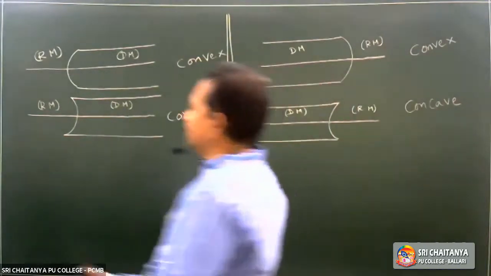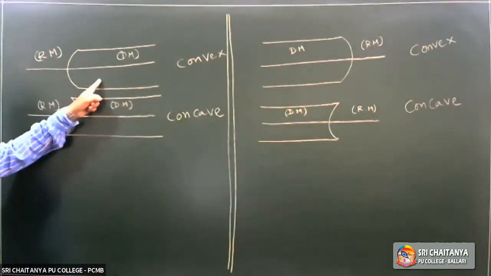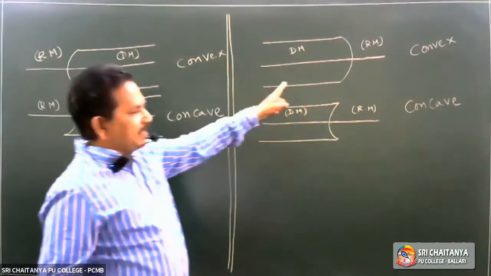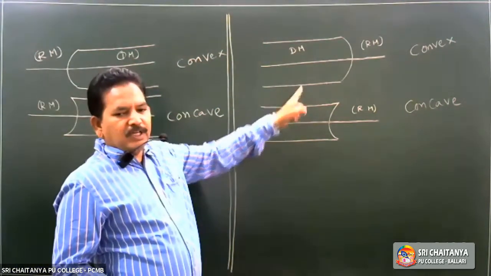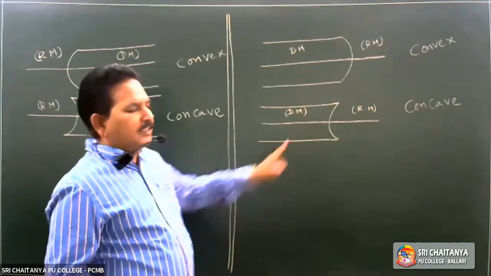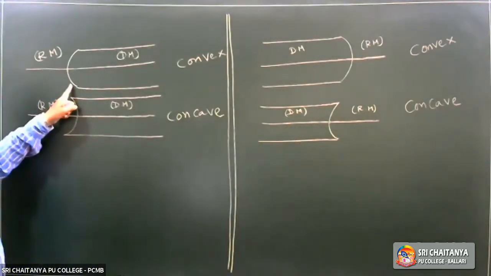This is the convex spherical surface, and this is the concave spherical surface. The rarer medium towards the convex surface, that's why convex spherical surface.